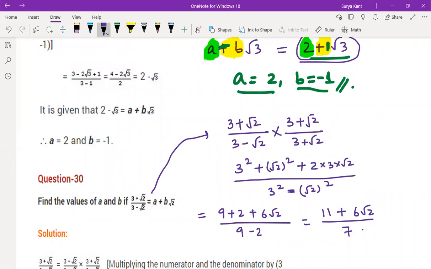I got the answer as 11 plus 6 root 2 divided by 7. Did all of you get the same answer?